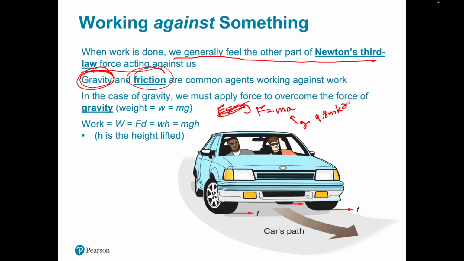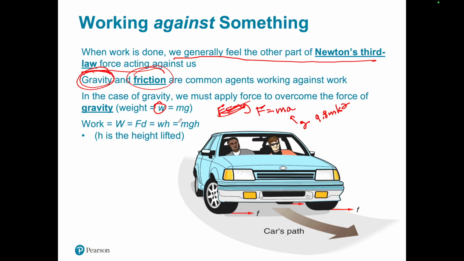And so what that means then is the little w here, which is weight, equals mg, mass times gravity, which I told you last time already. And by the way, little w is weight, and big W is work. I know we're running out of letters in the alphabet, so now you have to use capitals and lower cases.